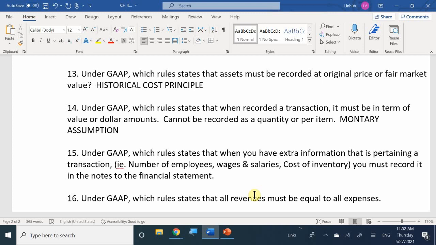Okay, so this is other information. Right? Because if we know monetary assumption is that you need to record as a total value or a total cost, where does the rest of the information go? Is it adequate disclosure? Yes. It goes to the adequate disclosure.